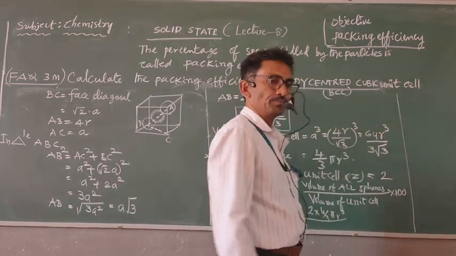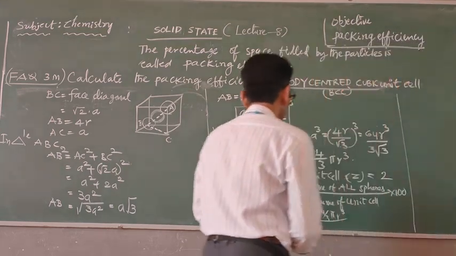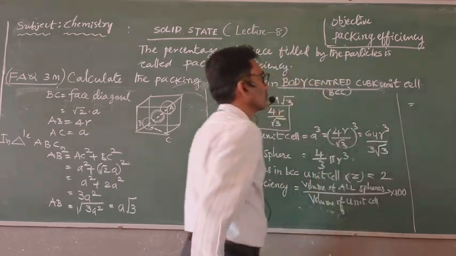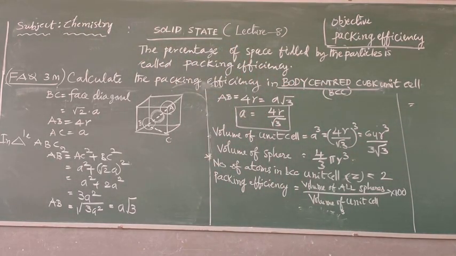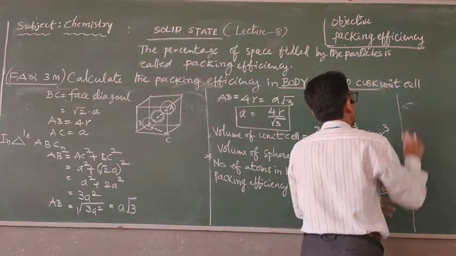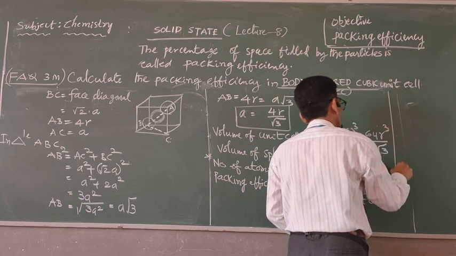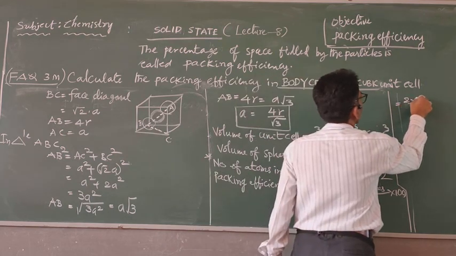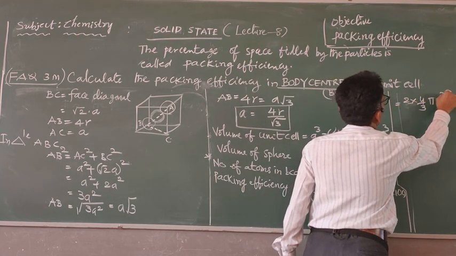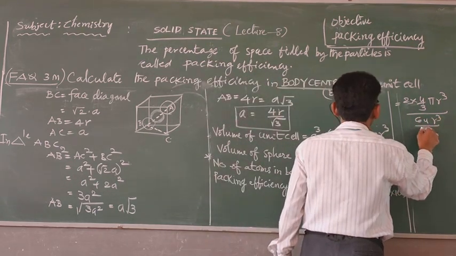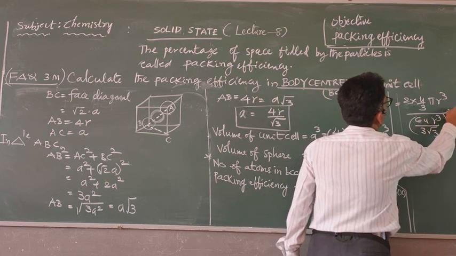I would like to write here instead of in this small area. Is equal to 2 particles into 4 by 3 pi r cube divided by 64 r cube over 3 root 3 into 100.